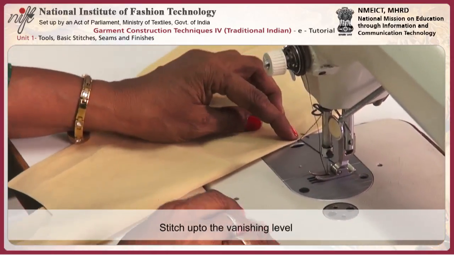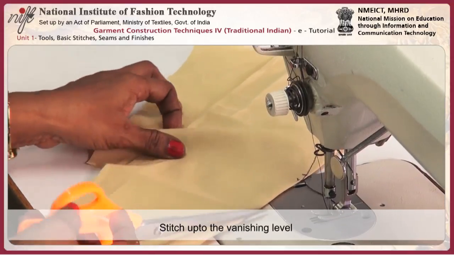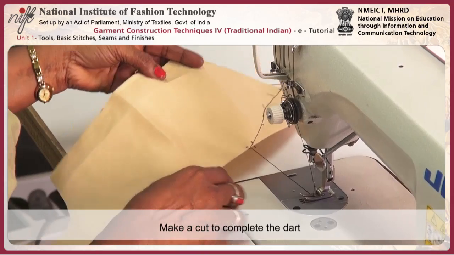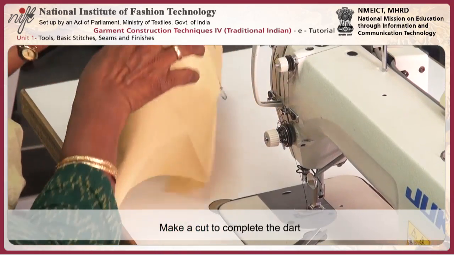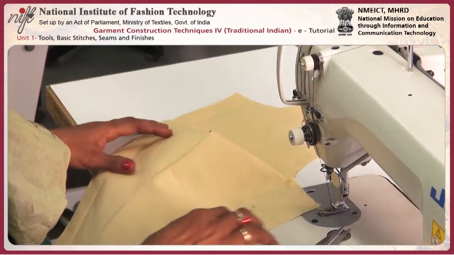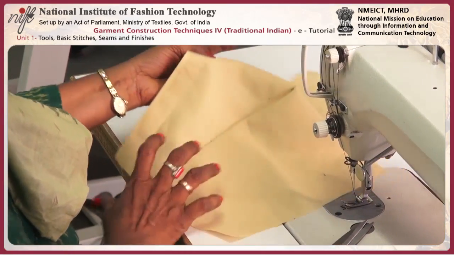It has to vanish here. Then make a cut. So our dot has been done. It's vanished over there, and it's giving a shaping dot.